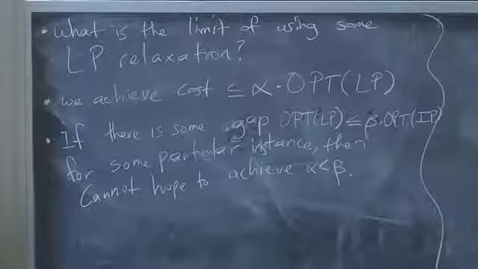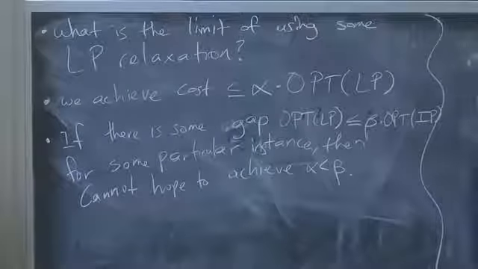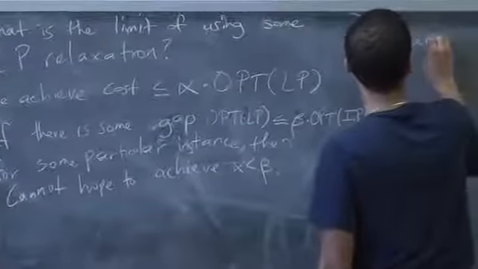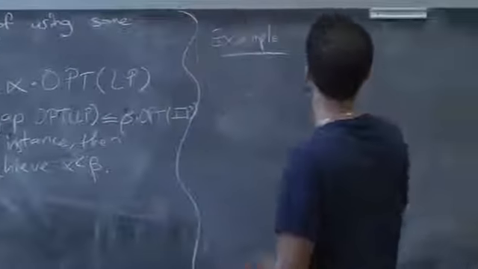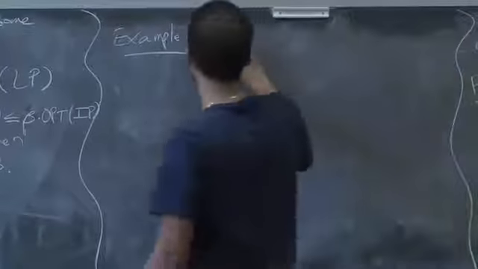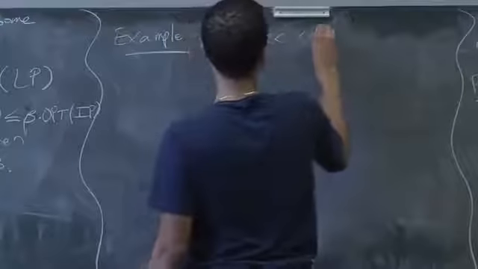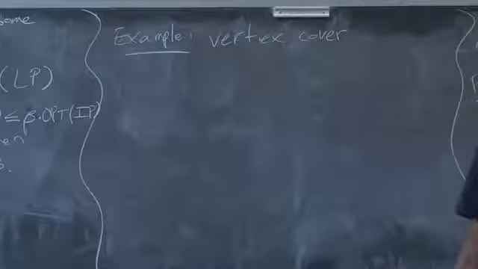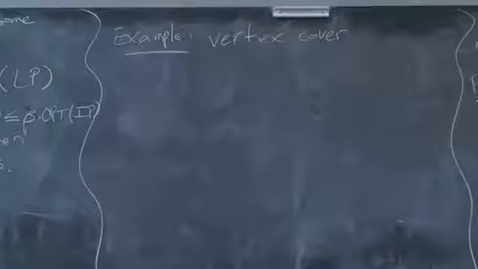Let me make this a concrete example. Let me do them in reverse order. First, I'll do vertex cover because it's simpler. Then I'll do set cover. So where's the LP for vertex cover? It's right here.